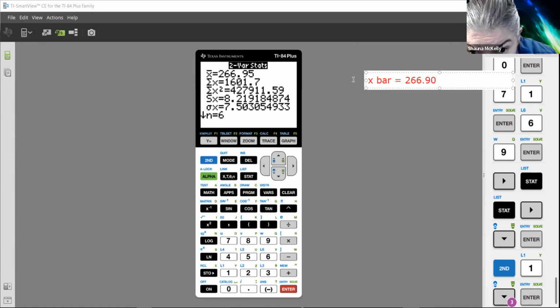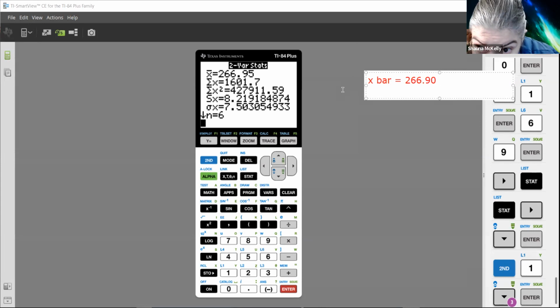And I want to write down my SX. I don't know how many decimal places she used, but I'm going to write down my SX as 8.21918. The more you put in, the more accurate it's going to be.